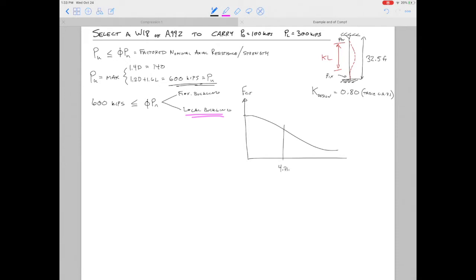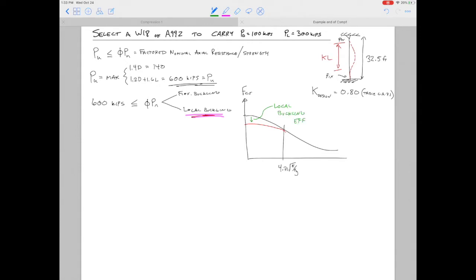But when we go back to here, if you remember, or if you don't remember, you should go back and look at the notes, this curve describes flexural buckling, and then local buckling only came into play when we had higher flexural buckling stress.